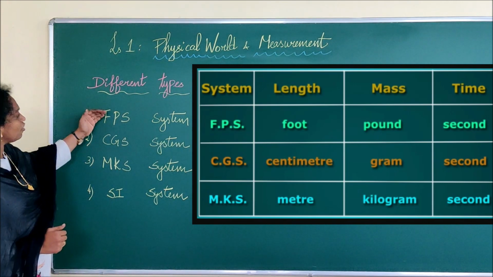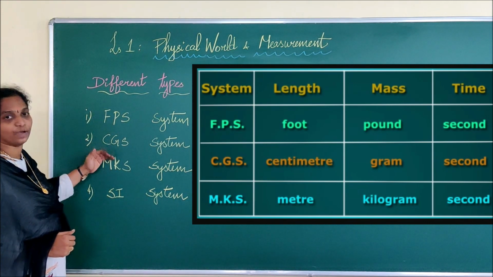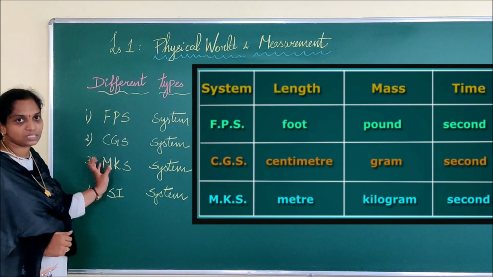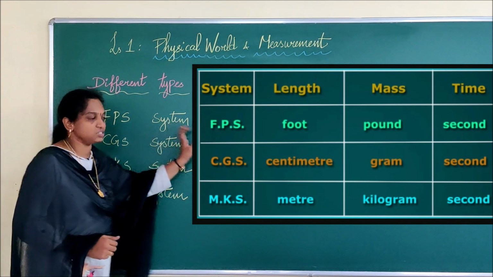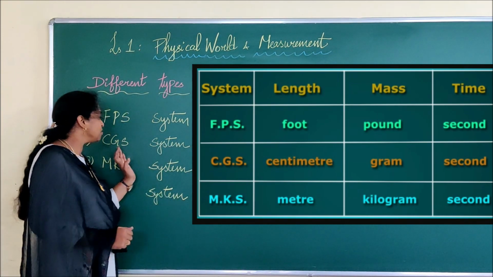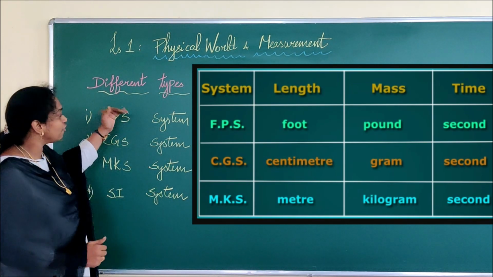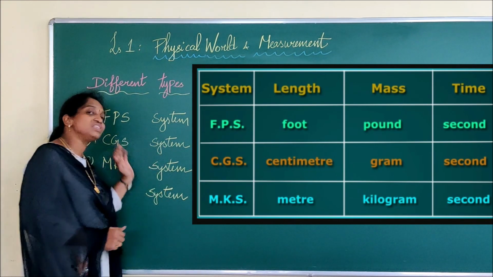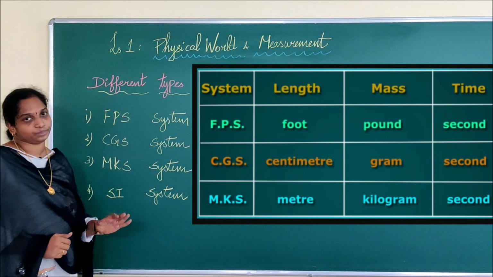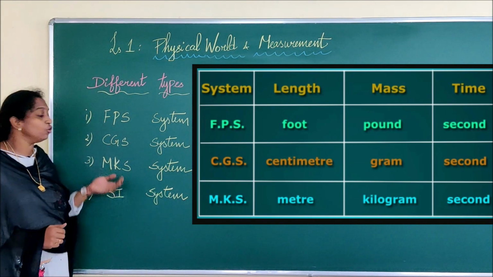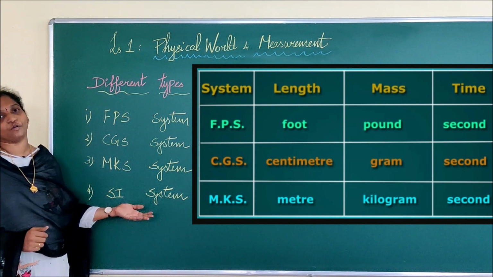Then this FPS system was modified into the CGS system. What does C stand for? C stands for centimeter, G stands for gram, and S stands for second. Then later, it was again modified into the MKS system of units.